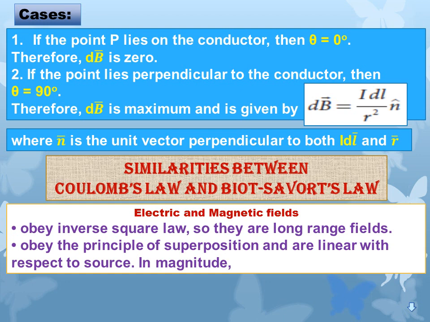Second point, Coulomb's law and Biot-Savart law obey the principle of superposition and are linear with respect to the source in magnitude. E is proportional to Q and B is proportional to I dl. These are the similarities between Coulomb's law and Biot-Savart law.